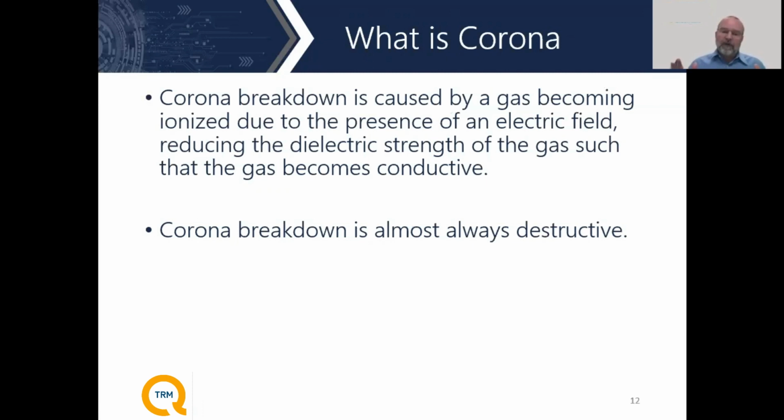By becoming ionized, the components line up to create a lower impedance path between the two electrodes. That's what we mean by becoming ionized: the conductor loses a little bit of its insulation properties because the molecules begin to align, and therefore you get a path of lower resistance between the two electrodes.